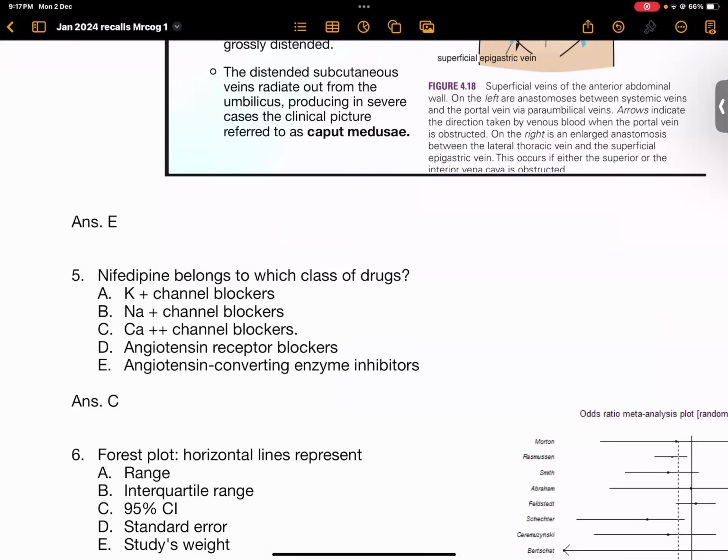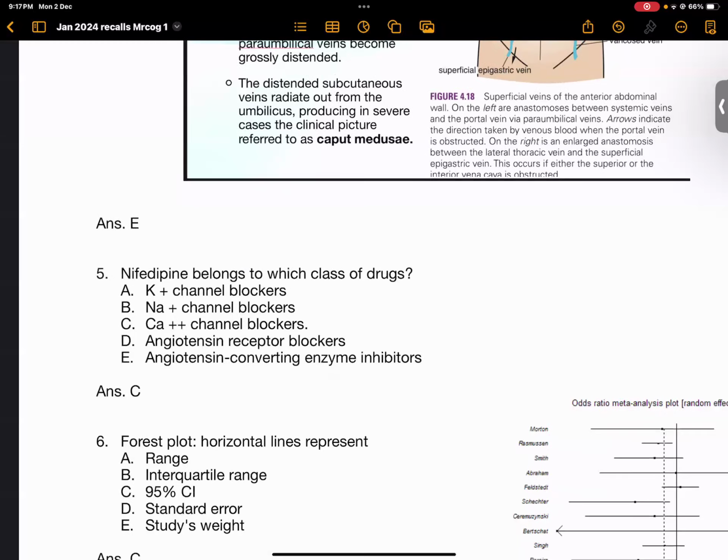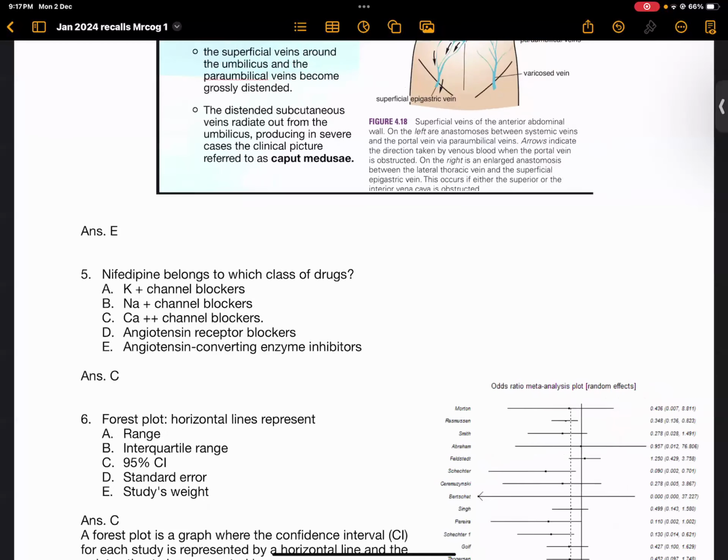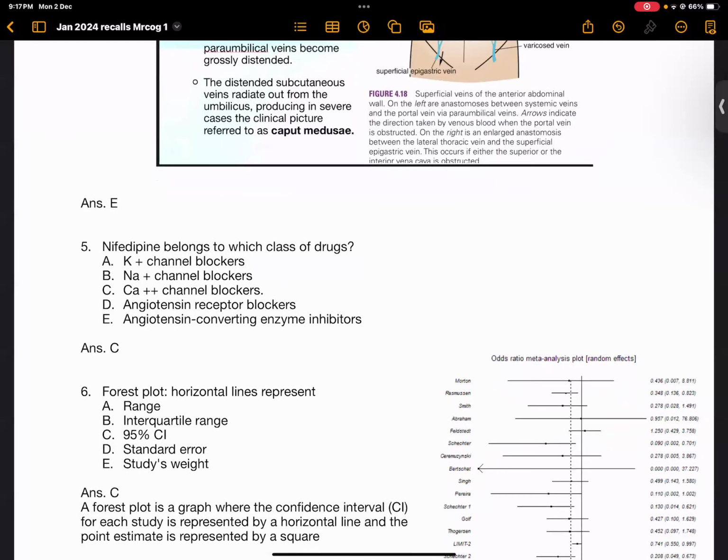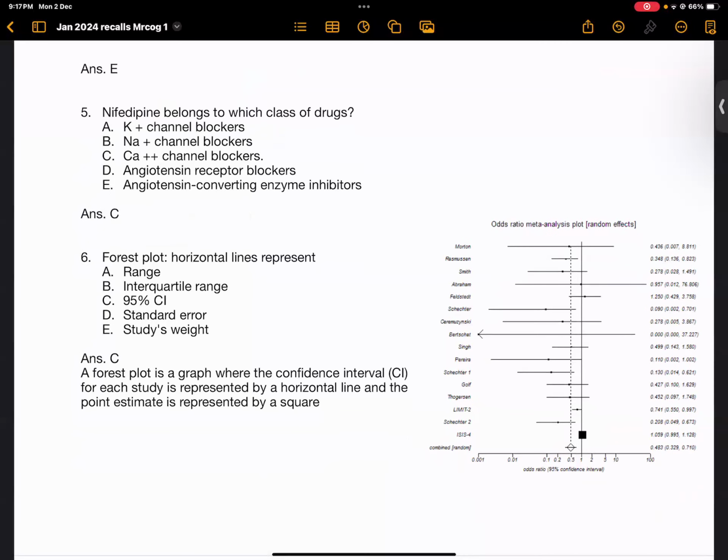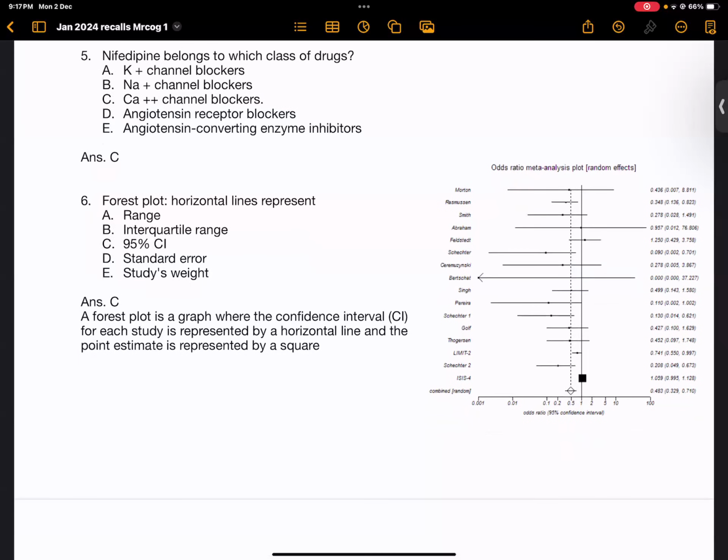And now the forest plot. Forest plot horizontal lines represent what? In statistics, they can ask you some odd things as well. In this forest plot, the horizontal line shows the confidence interval, here a 95% confidence interval.